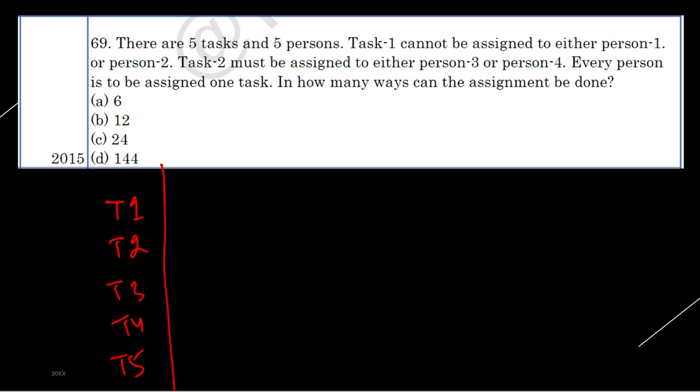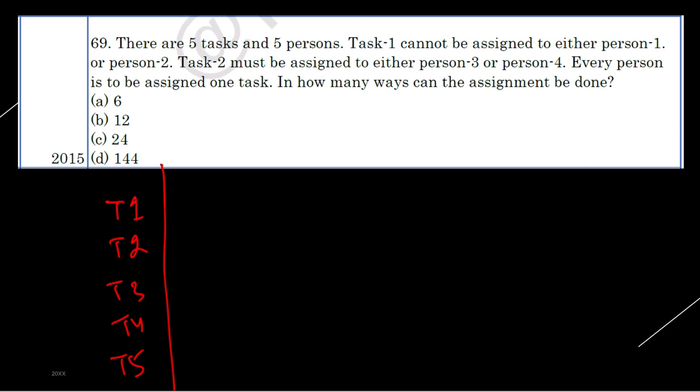Counting means you have to make the cases, you have to make the scenarios, and only then can you use the combination and permutation formula. Don't expect that he's simply going to ask you to select 2 people out of 5 people or something like that. First, you make the cases. The visual representation is very important.